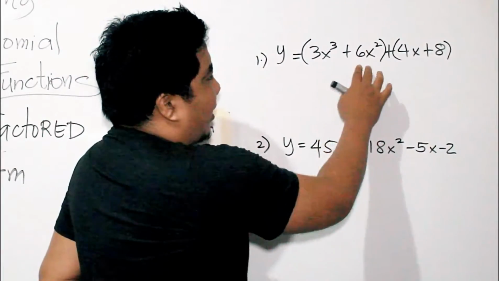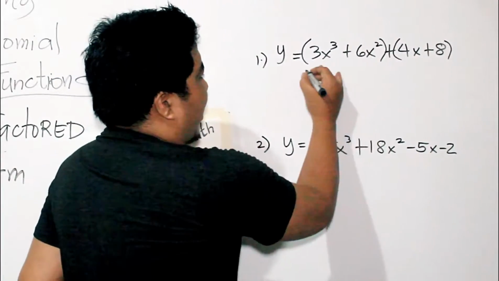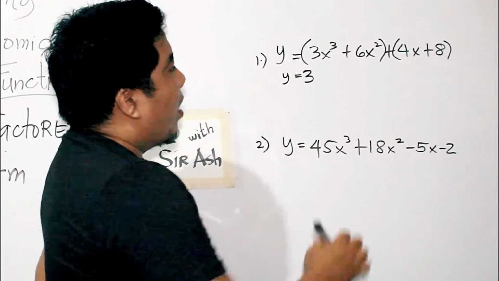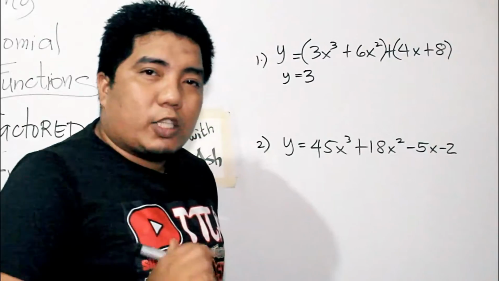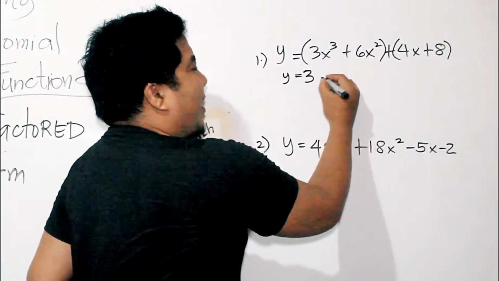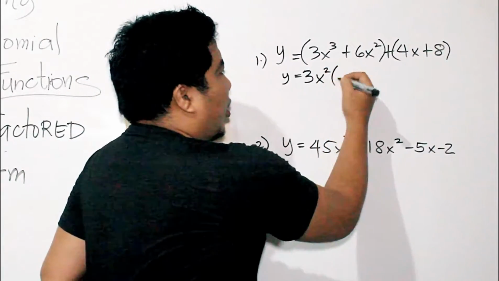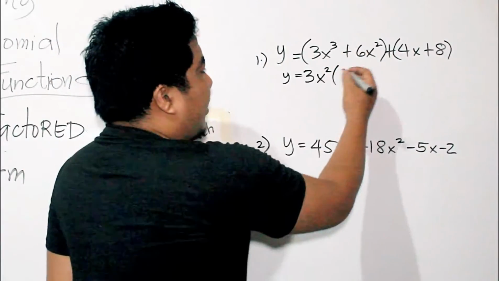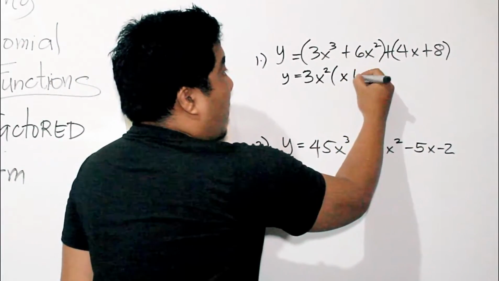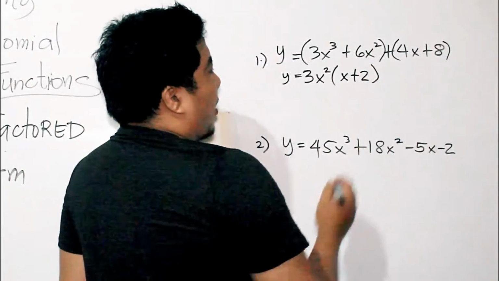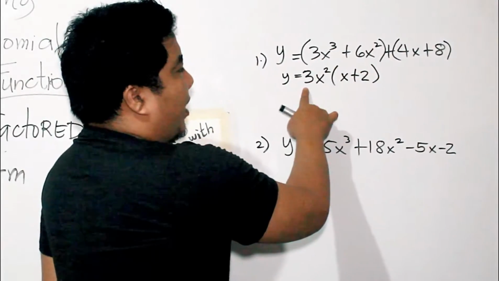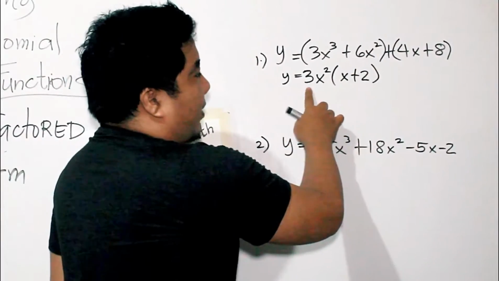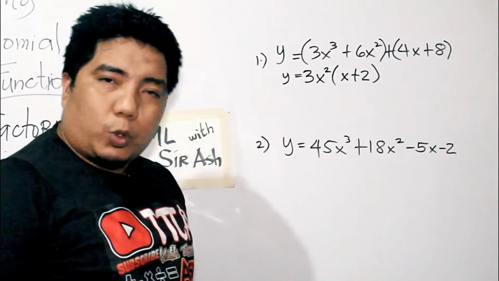So, 3 and 6, what is the common factor? That is 3. Now, x cubed and x squared, what is the common factor? That is x squared. So if I extract 3x squared from this first binomial, this will become x plus 2, because 3x cubed divided by 3x squared is x, and 6x squared divided by 3x squared is positive 2.